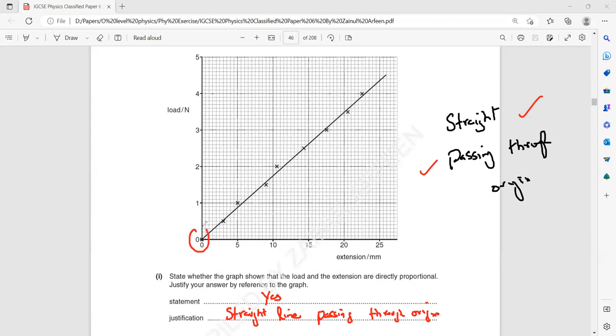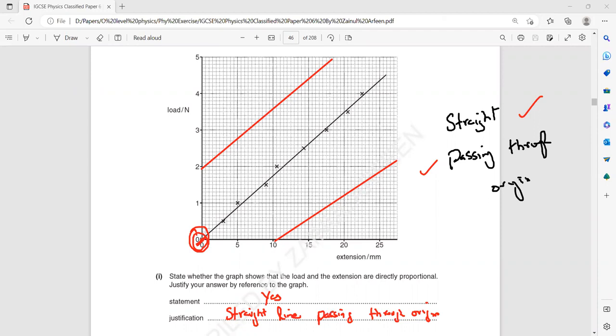This point is called the origin. If it was a straight line but, for example, above the x-axis or above the y-axis, or starting from the x-axis, then we would not say it is directly proportional. But you can clearly see that it is a straight line starting from the origin, 0 and 0.